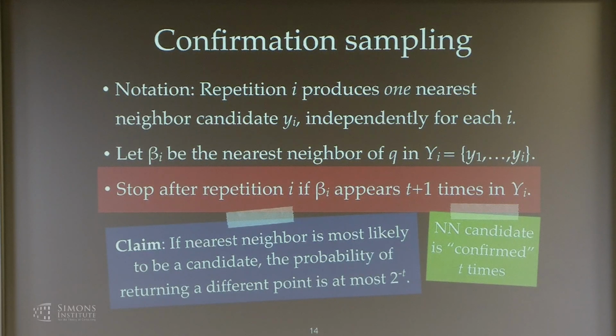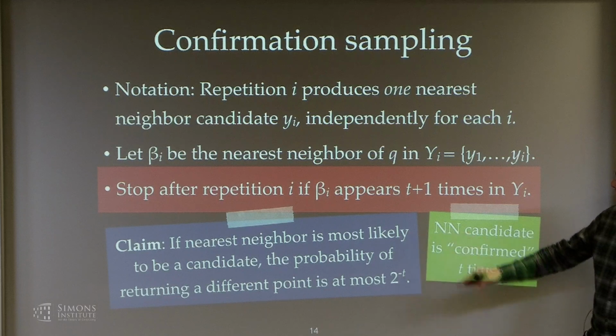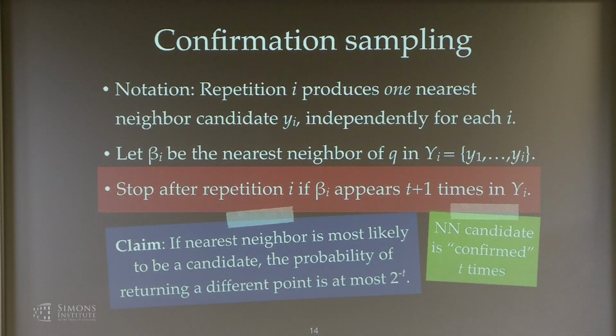Almost the same is fine. Actually, it only needs to be the most likely up to a constant factor. So it's actually fine that there's some other points that are 10 times more likely, just as long as it's bounded by a constant.